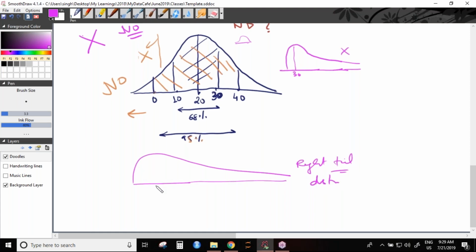Prices usually follow a right tail, because there will be people ready to pay a very high price for the same stuff. Take the price of houses, for example. Your average price of a house might be 30 lakhs, but you will still get houses for 10 crore, 100 crores, whatever. So whenever it is about price, it usually follows a right skewed distribution, or right tail distribution.